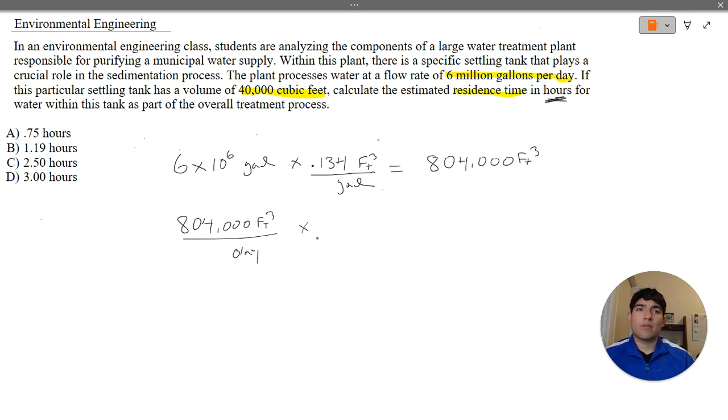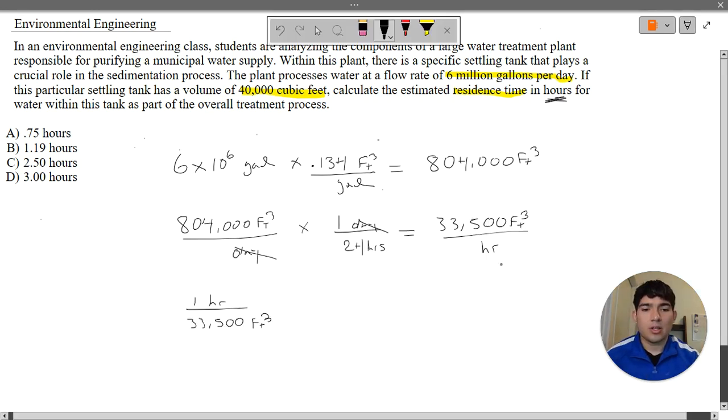So we're going to convert feet cubed per day to feet cubed per hour. In this case, we're just going to multiply by 1 day over 24 hours. And that cancels out our days. So we have 33,500 feet cubed flowing through per hour.